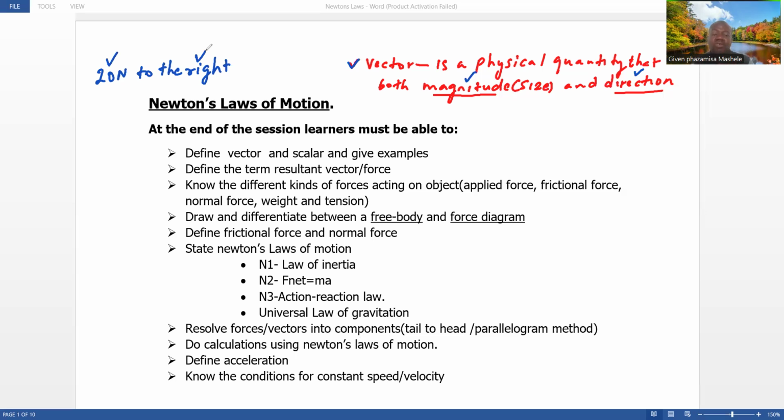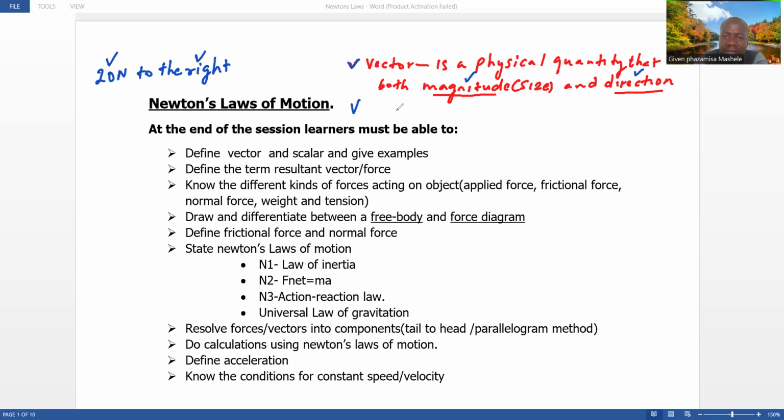So it's very important to know that a vector is a physical quantity that has both magnitude and direction. And again, one must be able to know what a scalar is.